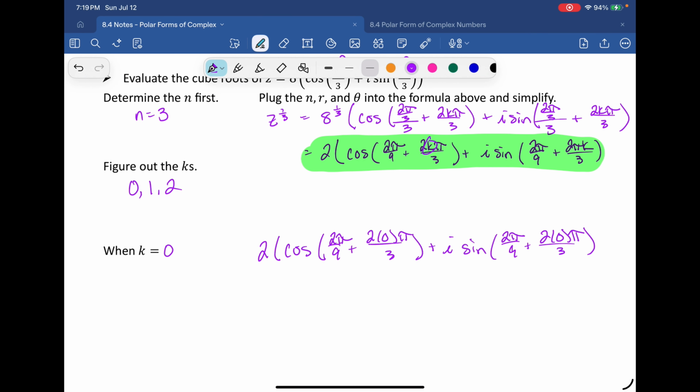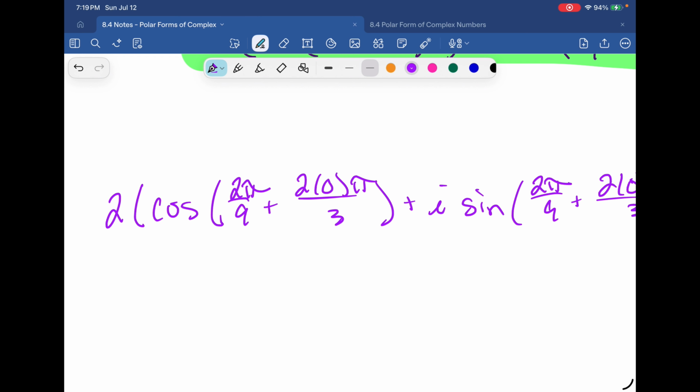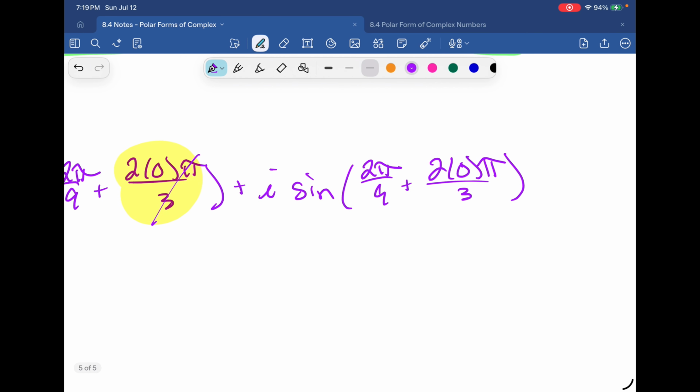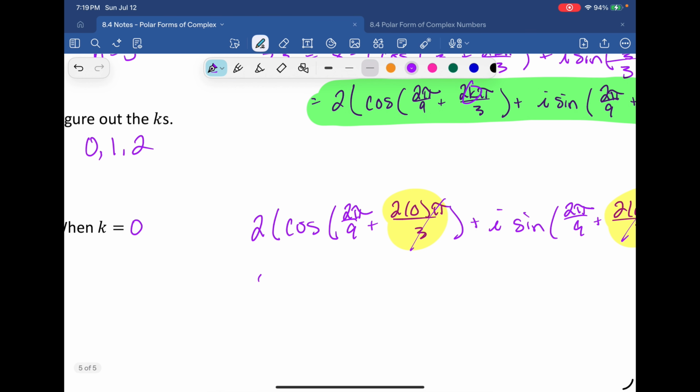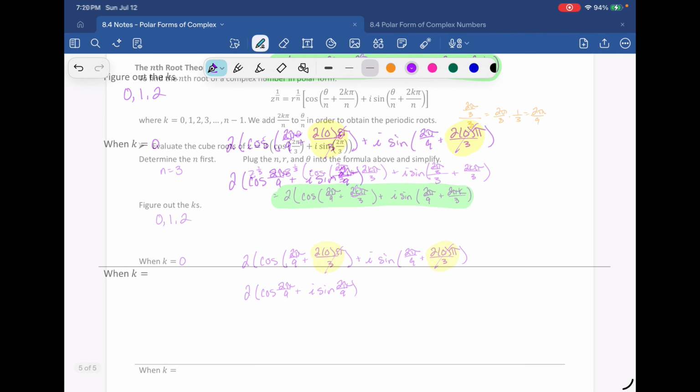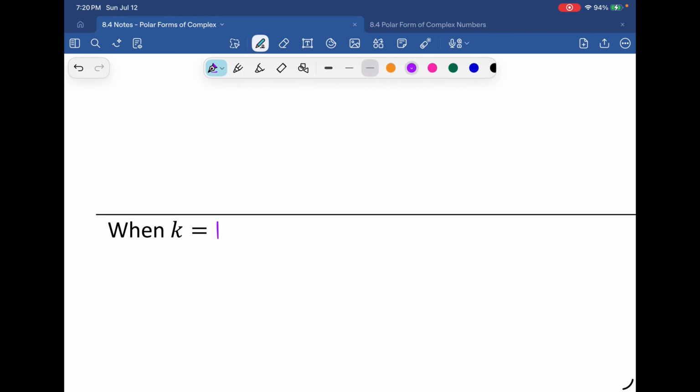All right, 2 times 0 times pi, that's going to be 0, so those are going to go. Same thing over here, 2 times 0 times pi over 3, that's going to go too. So simplified, our first root is 2 cosine 2 pi over 9 plus i sine 2 pi over 9.